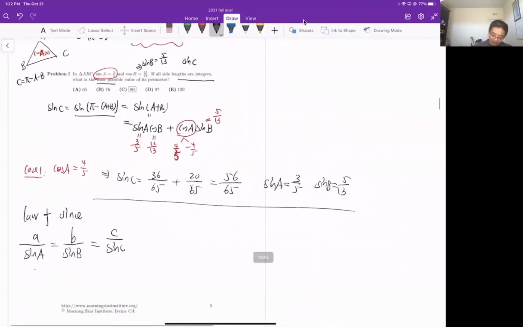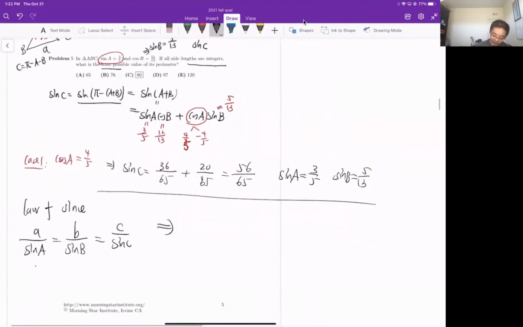So from this law of sines, for case one, we get that the ratio between those sides, if you change everything to 65, is 45. Hold on, so this one will be 39, and this one, changed to 65, will be 25.